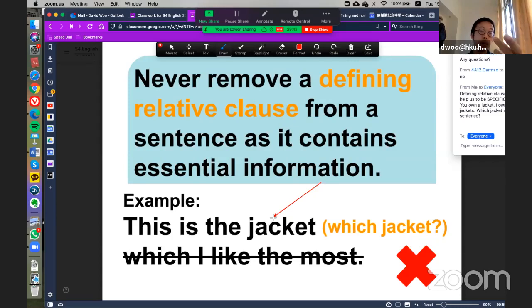You may know, but the person listening to you or reading has no idea. You want to help the listener, help the reader understand, which is why you put in information. You want people to understand you and what you're talking about. You want to be understood. And that's why we add this additional information to say which jacket, so the listener or reader isn't confused.